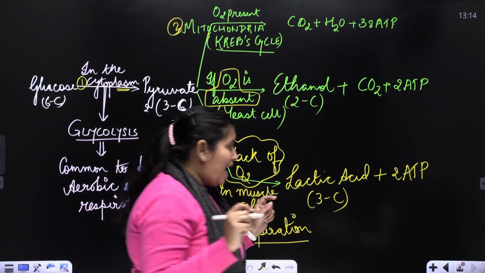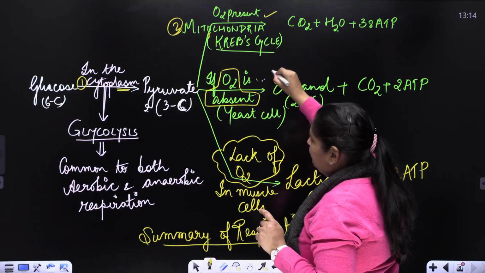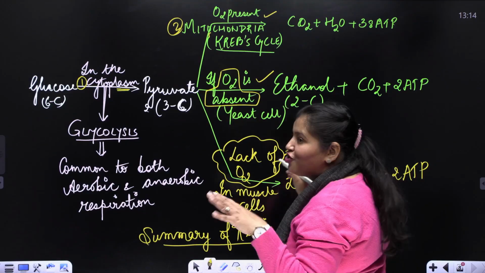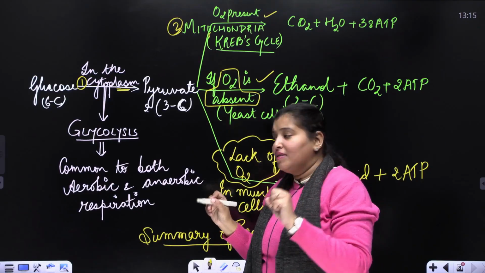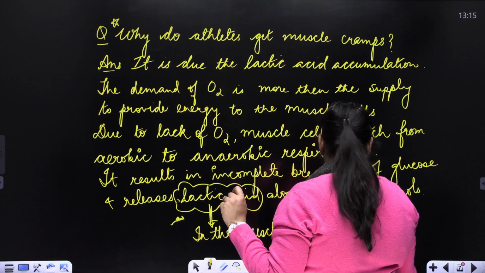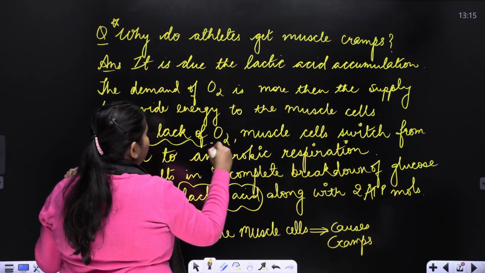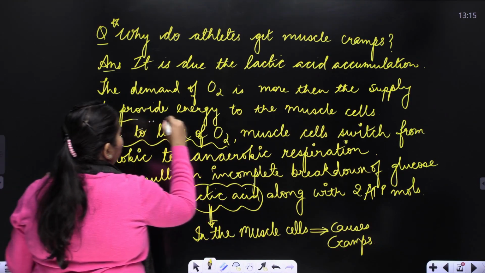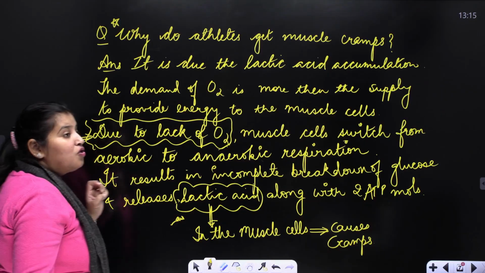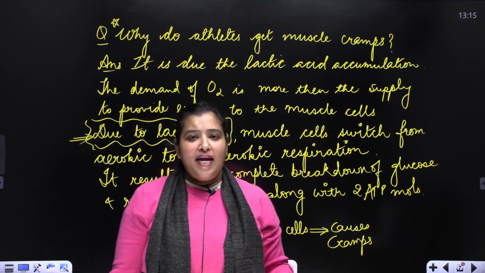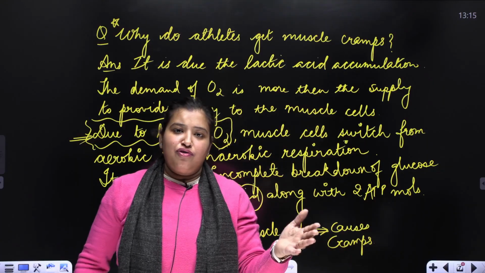All right, and here we have oxygen present, here we have absent, and here it is partially present. That is what is happening in the muscle cell. So here, children, in this slide, if you remember, we have written this point due to lack of oxygen. This is a very important point. So anaerobic respiration can take place either in the absence of oxygen or lack of oxygen.